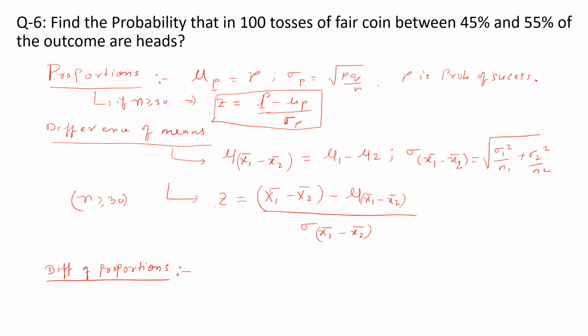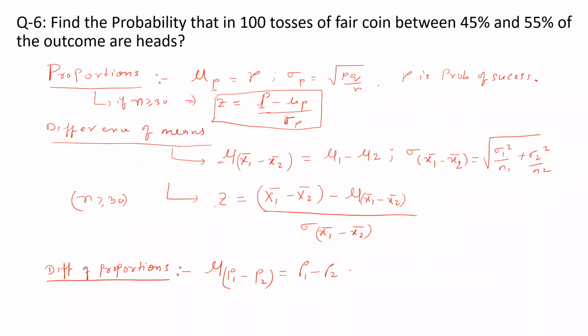So in this case, the mean of proportion 1 minus proportion 2 will be P1 minus P2.